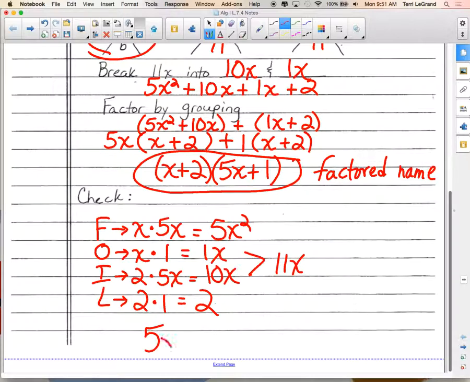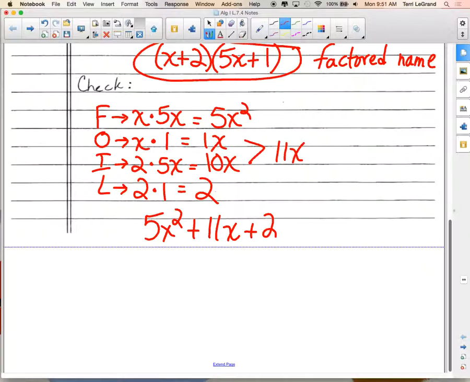Sure enough, 5x squared plus 11x plus 2. It appears to check out.